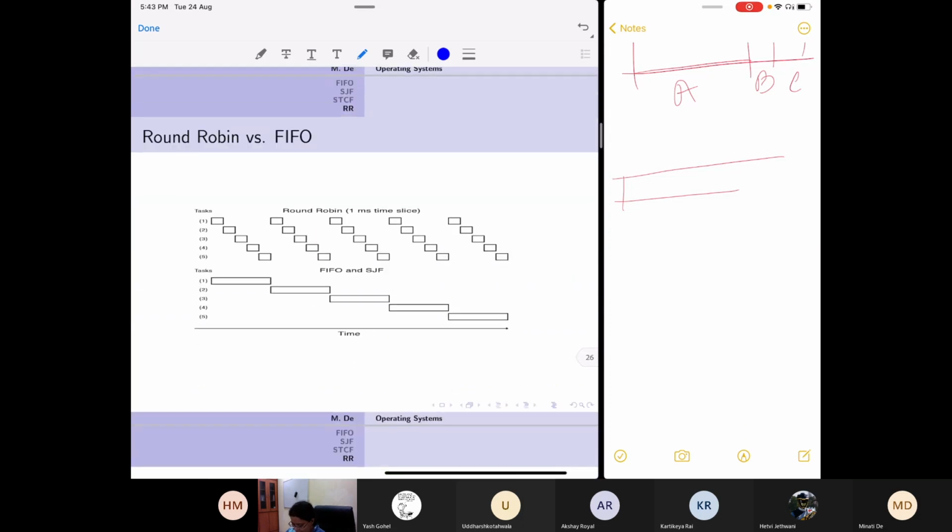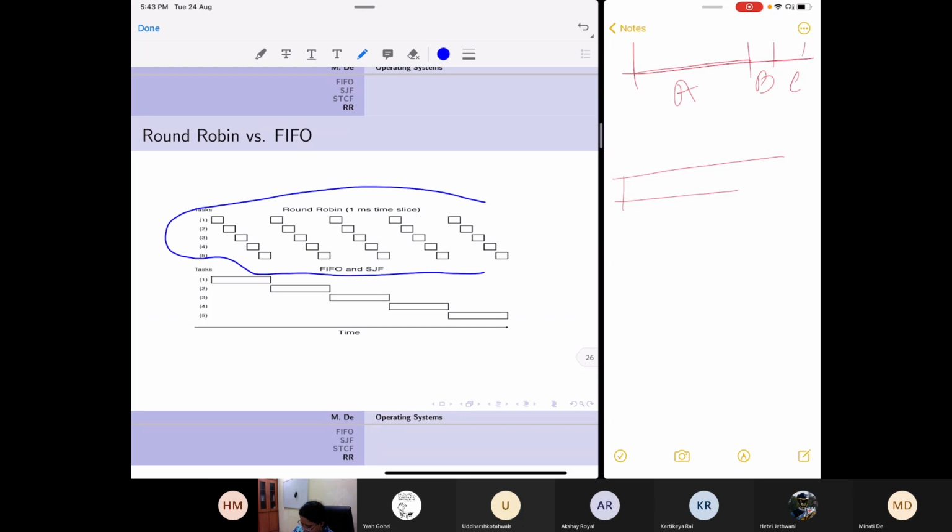Okay, so here is the answer. You see this example. Here it is scheduled in round robin fashion. We have 5 jobs, right? And this is the time slice, let's say this length. So 5 jobs got scheduled one after another.